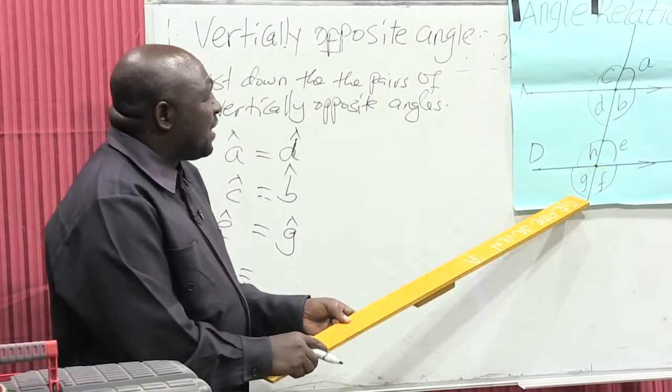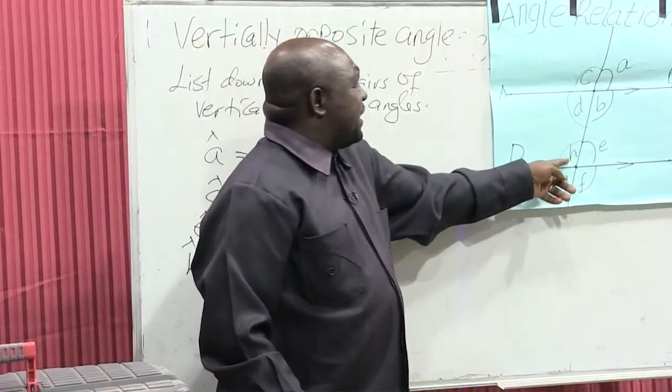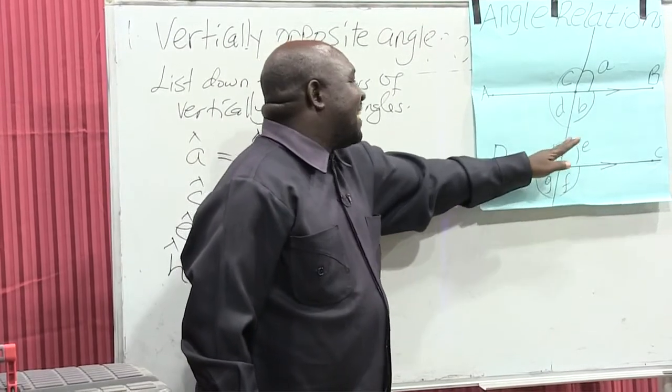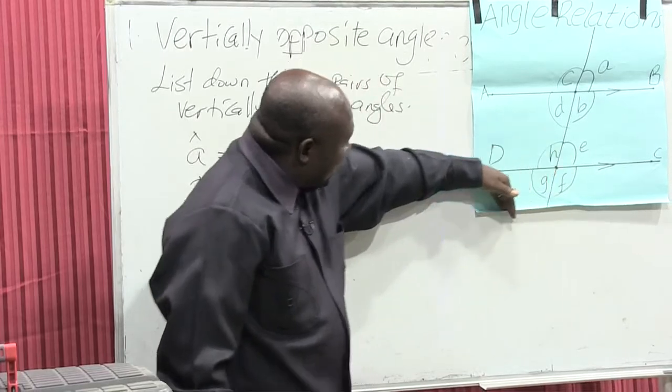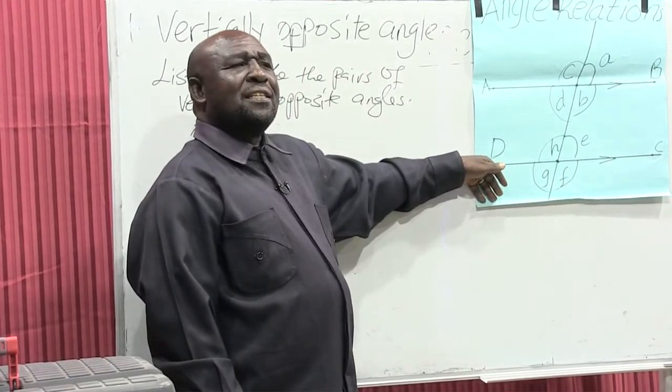Now which one? Is it G? G also is at the same point with the H. But the direction of H this way, direction of G this way. This is different, not opposite.